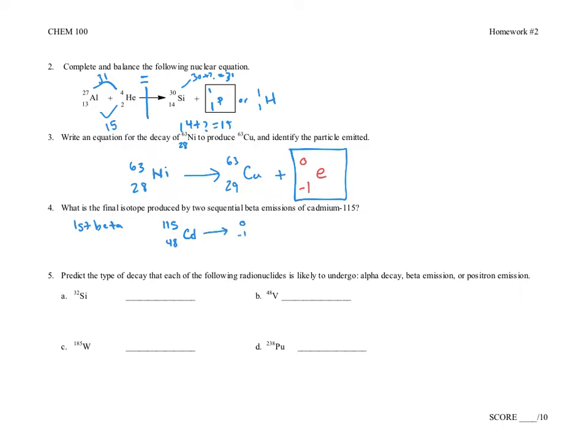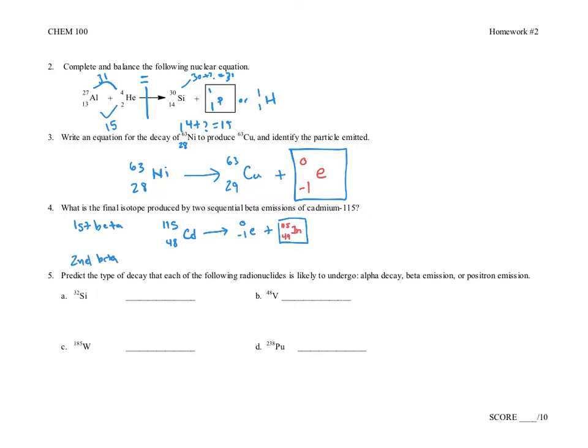Remember that the beta particle is going to end up on the right-hand side. And so we're going to see the same thing that we saw above, right? No change in mass, but the bottom number is going to increase. In this case, it's going to increase by 1 to indium 115. And then for your second beta, you're going to start with the product there.